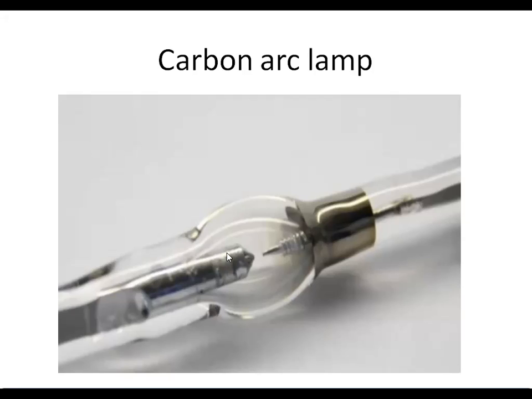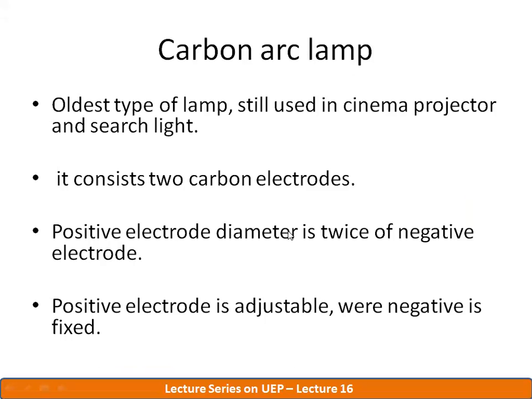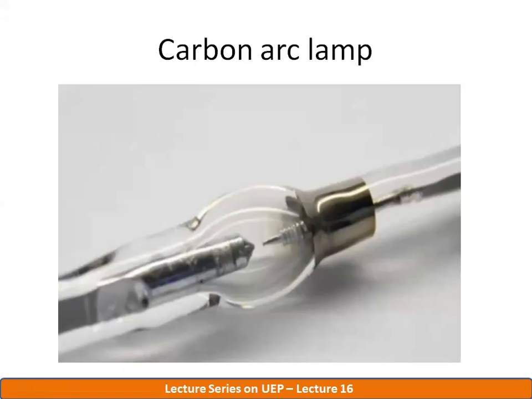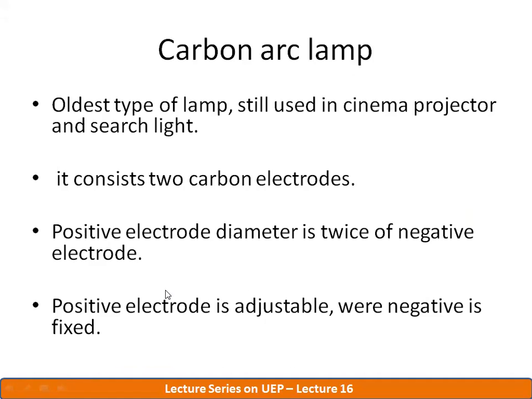It is clearly shown: the larger diameter electrode is connected to the positive, the smaller diameter electrode is connected to the negative. It consists of two carbon electrodes, and the positive electrode is adjustable. Its distance can be adjusted, whereas the negative is fixed.